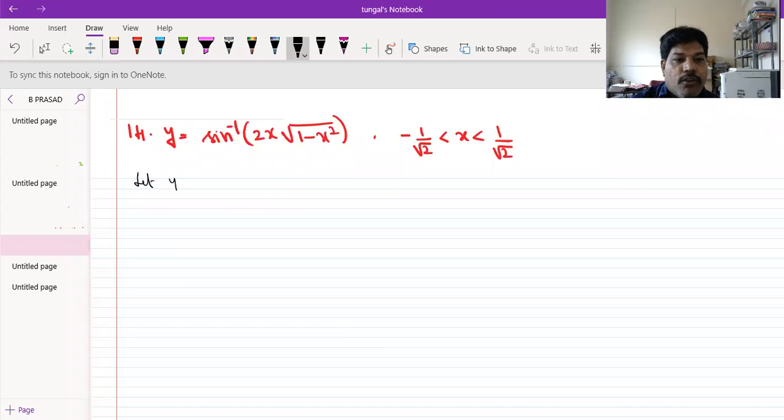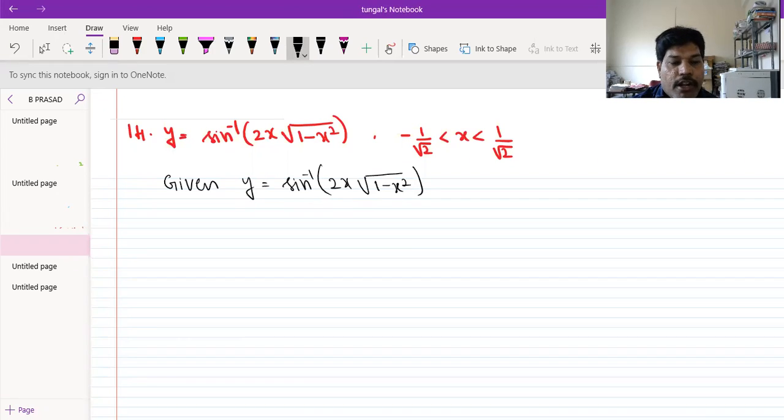let y is equal to, or rather the function is given actually, so you can take that directly. Given y is equal to sine inverse of 2x into root of 1 minus x square. So here I will take a trigonometric function.